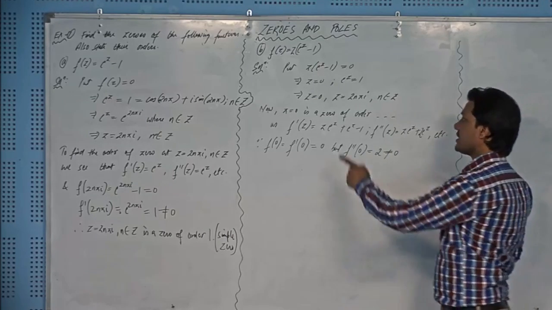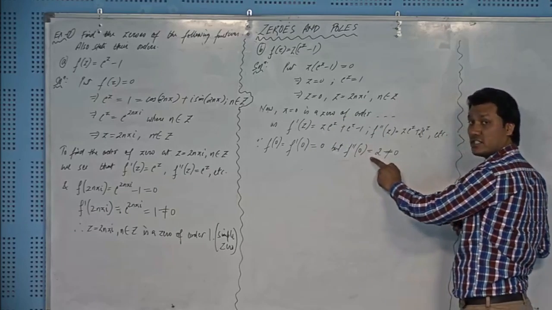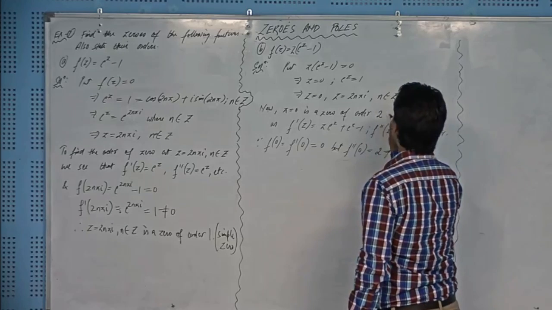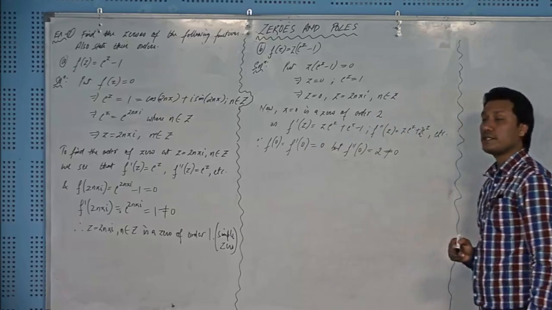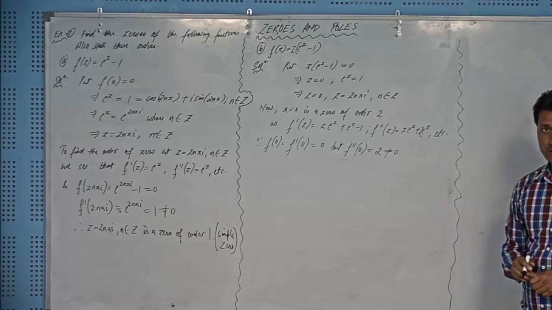So we can say that z equal to 0 is a zero of order 2, because this is the first non-vanishing derivative at z equal to 0, right? This is the reason, right? So we have used that formal definition, right?